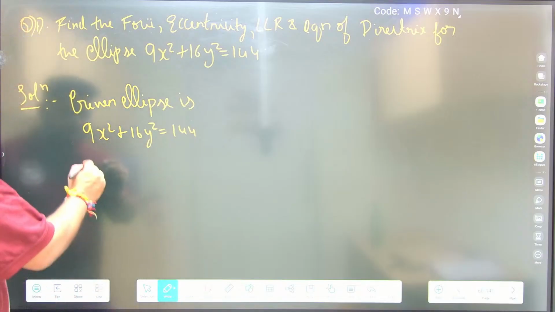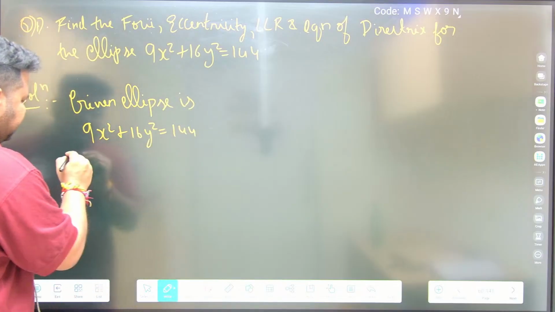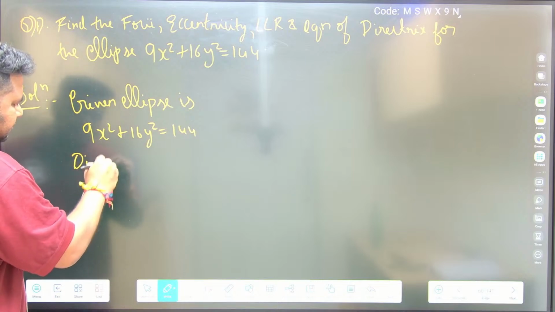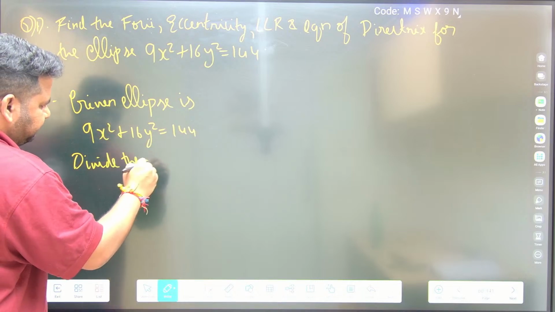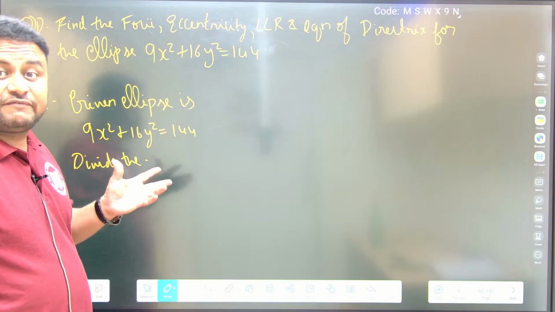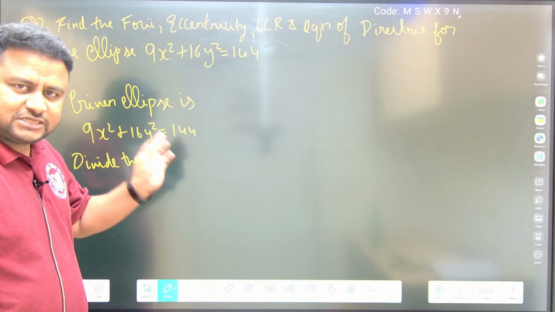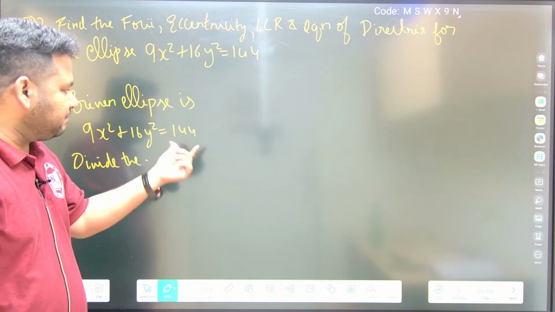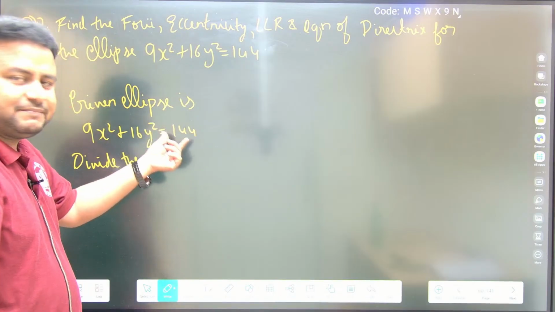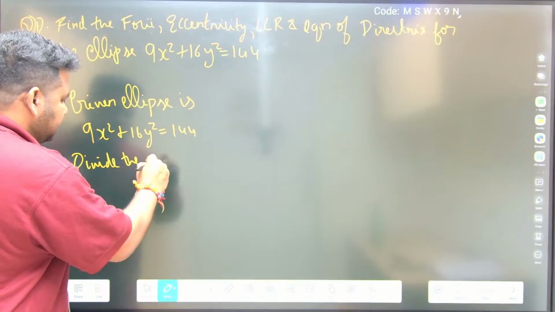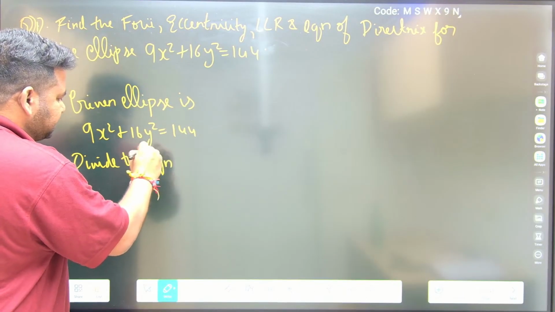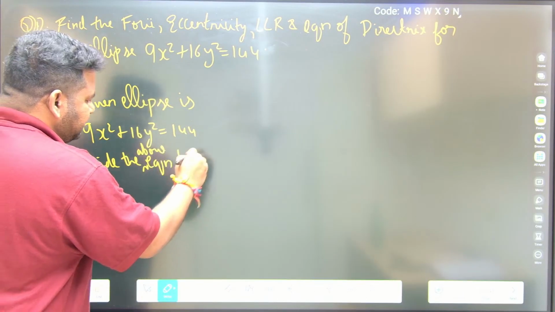The standard equation of ellipse is x square by a square plus y square by b square is equal to 1. But here we are having 144, so I have to eliminate 144. Divide the above equation by 144.